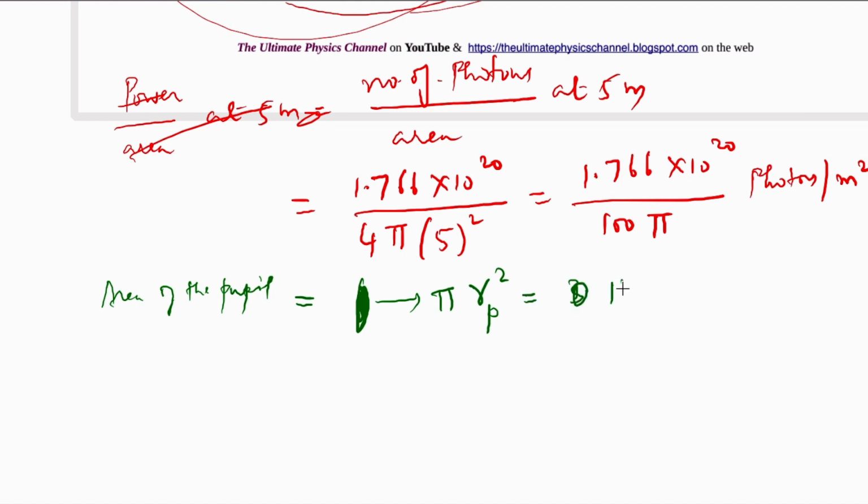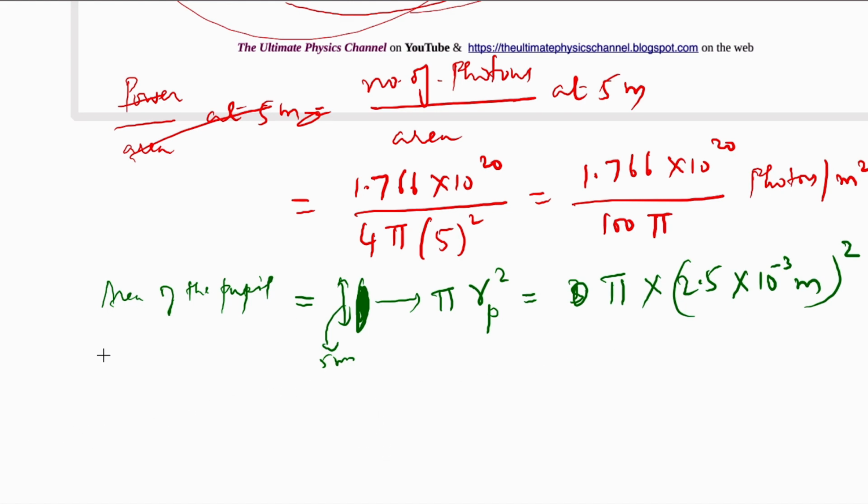Let's keep it as pi. Pi times, 5 mm is the size, so the radius is 2.5 mm. In meters it is 2.5 times 10 power minus 3, to be squared.